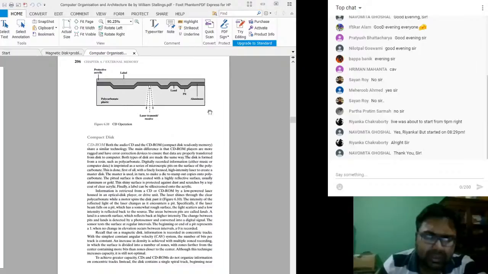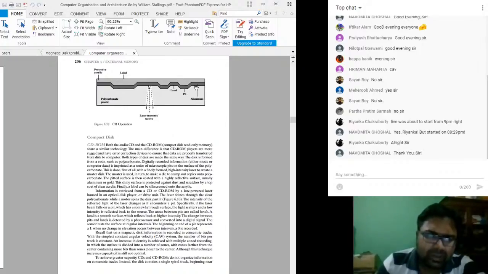So this is basically the mechanism for your CD-ROM, meaning how you can read the data from a CD-ROM. You shine a laser. If it is reflected from a pit, the intensity is going to get reduced, and if it falls on a land, it will be reflected with higher or equal intensity.